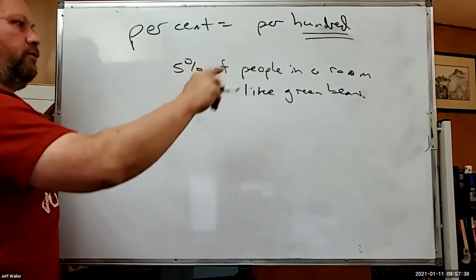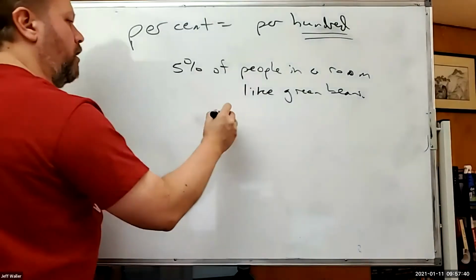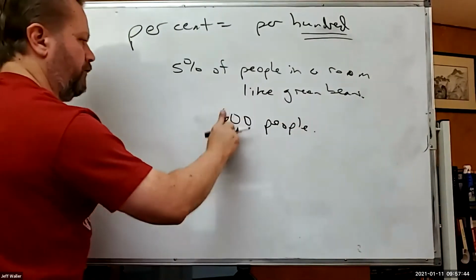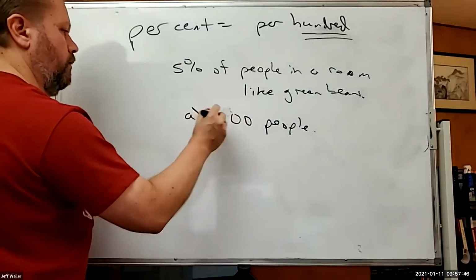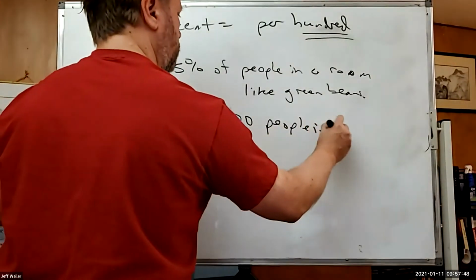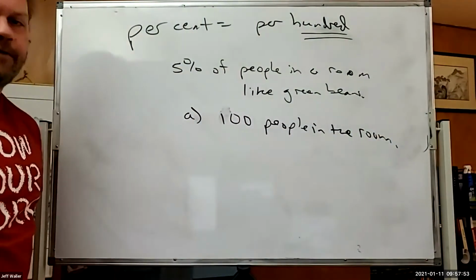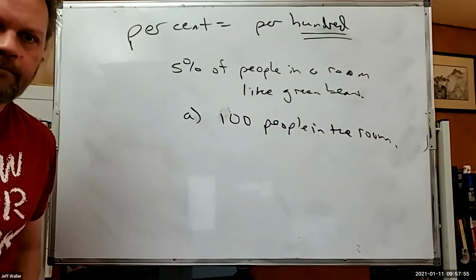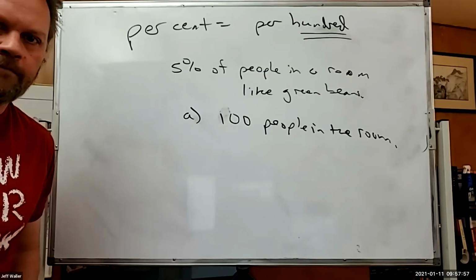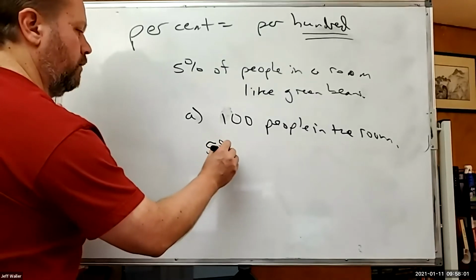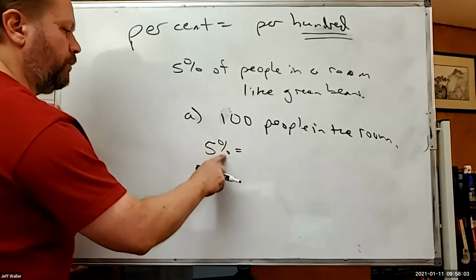If 5% of people in a room like green beans, and there are 600 people in the room. Actually, let me start off with this. What if there are 100 people in the room? How many people like green beans? What does 5% mean?